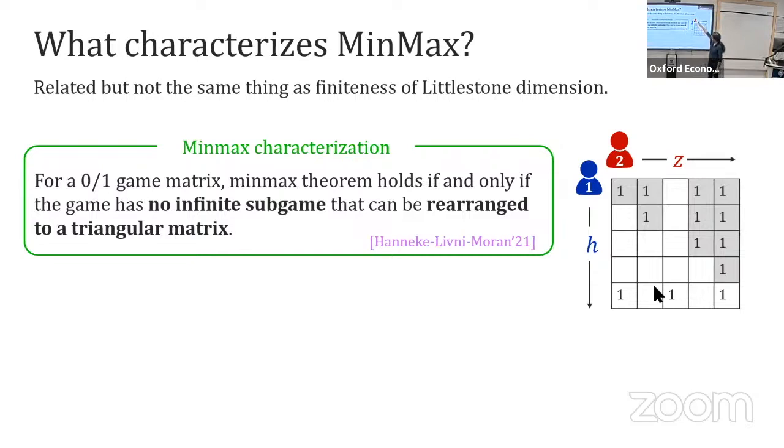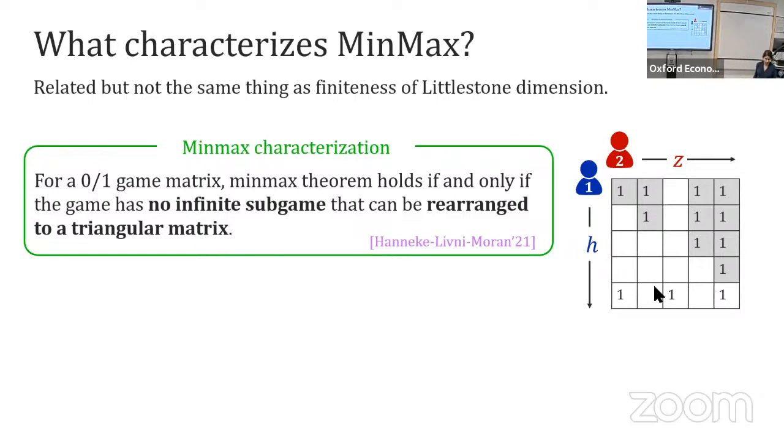And it essentially says that if you could move your columns around and rows around, so that you had an upper triangular subgame that was of infinite size, then the largest upper triangular subgame that you could make is the complexity of learnability of min-max. And if it was infinite, then you cannot have min-max.